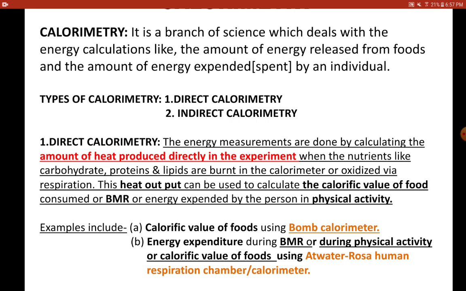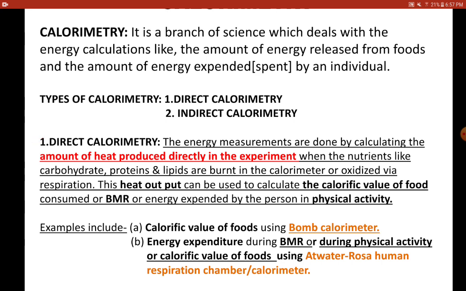By either burning the food in a calorimeter like the bomb calorimeter, or by the burning or oxidation of food in human beings through certain other experiments which we are going to discuss in this PPT, like the Atwater Benedict or Atwater Rosa human respiration calorimeter. So the amount of heat can be measured directly in the experiment because it is liberated during the experiment. That is what is meant by direct calorimetry.